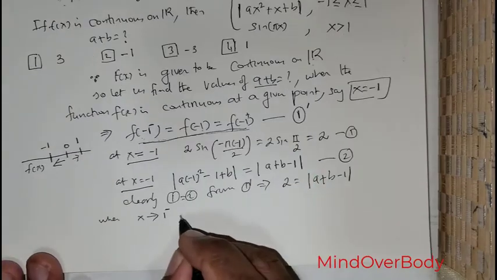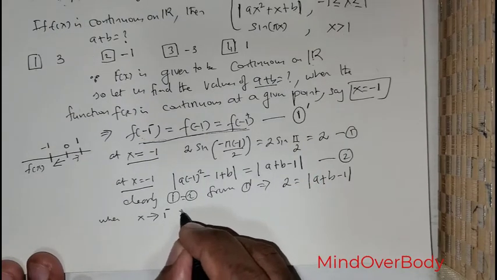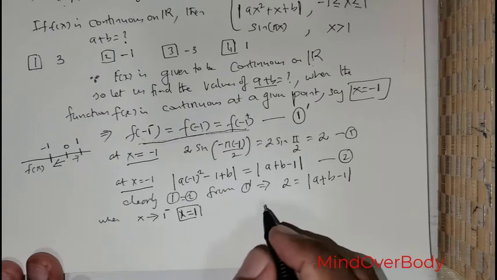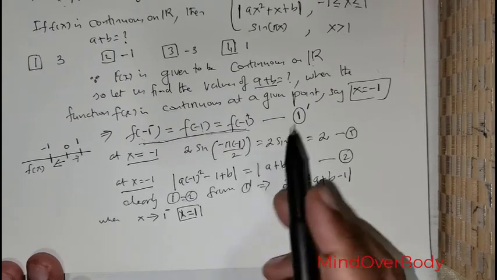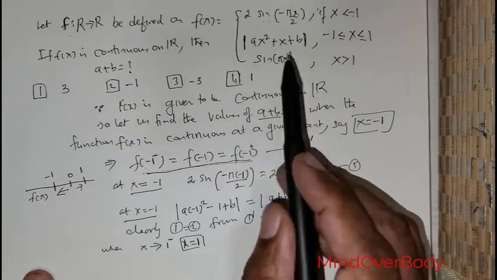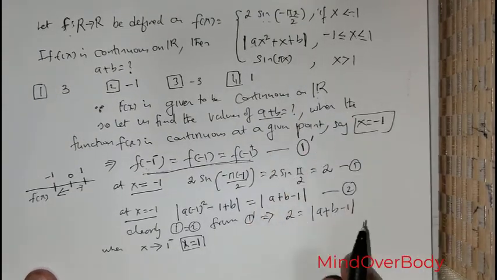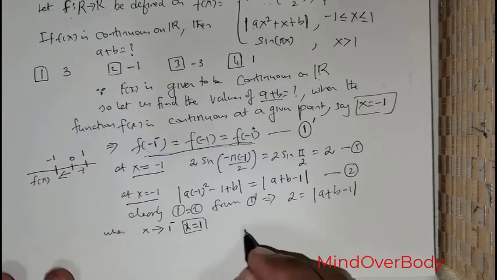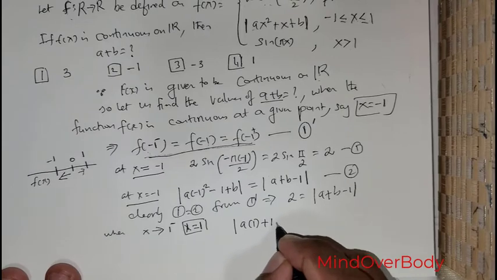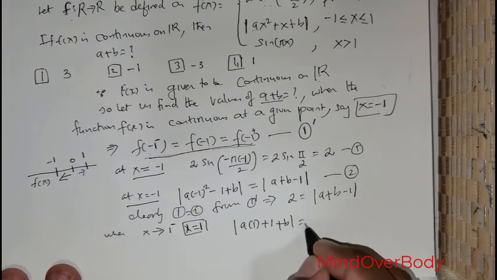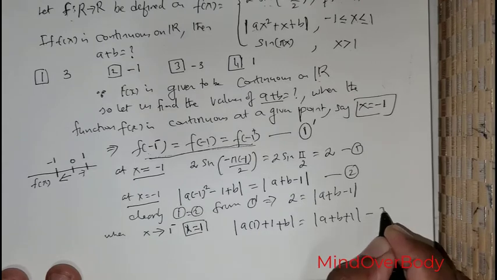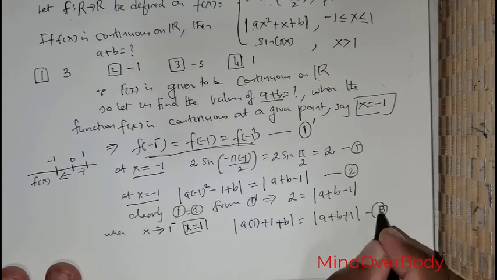So we will take x equal to 1 and substitute that value into the function. So x equal to 1 will be substituted here. That in turn would give me a of 1 plus 1 plus b, which is equal to modulus of a plus b plus 1. Maybe I can take this as some 3.